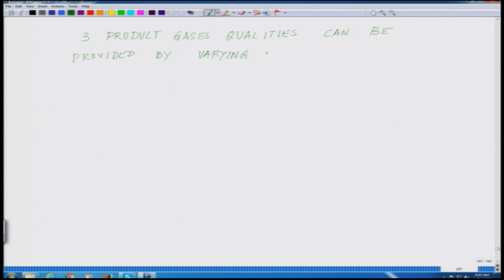There are 3 parameters you can vary: A, the gasifying agent; B, method of operation; C, operating conditions. Okay.